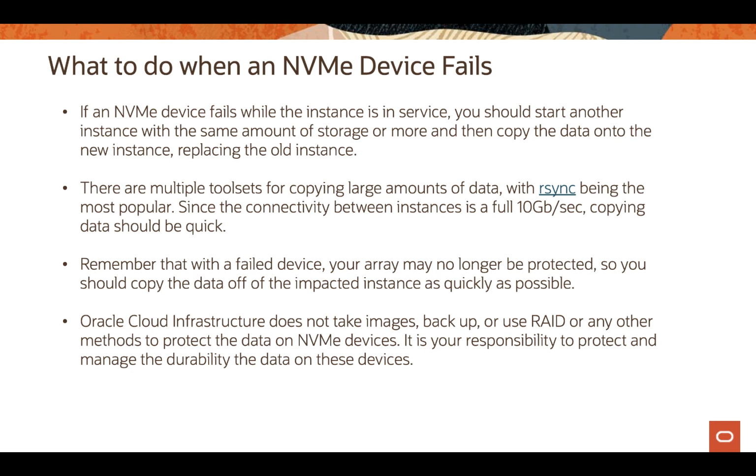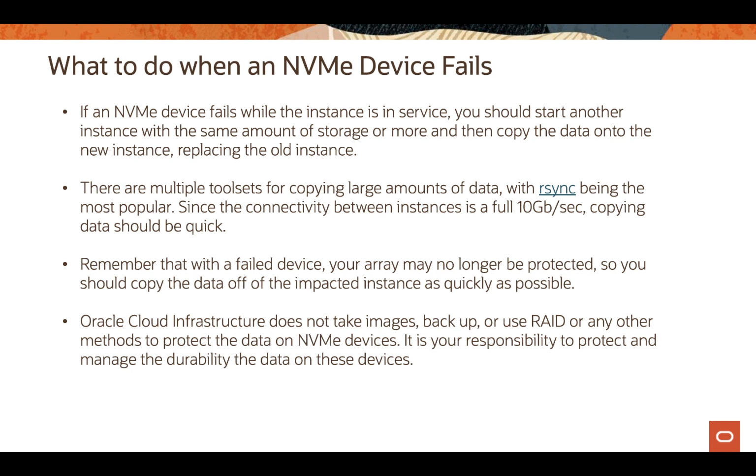It's highly recommended that you take backups often of the data hosted on top of the NVMe device. This gives you a layer of protection, and if something goes wrong with the shape or the device, you can restore that data on another machine. So keep that in mind. You can do backups of your NVMe device. We highly recommend doing that.